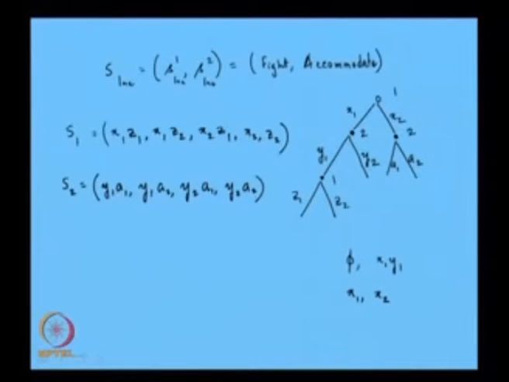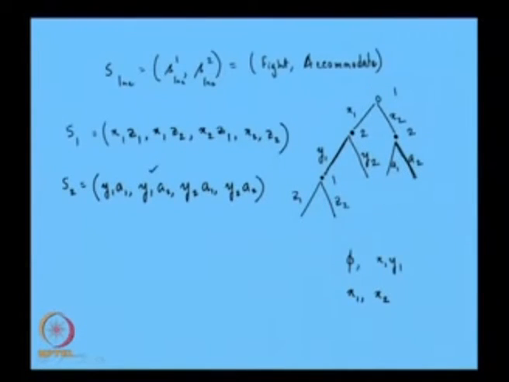And what is the interpretation? Let us take this y1 a2. Here player 2 is saying if x1 is the move by player 1, I will play y1. If player 1 is going to play x2, I am going to play a2.